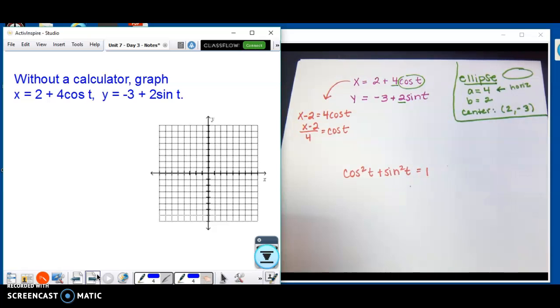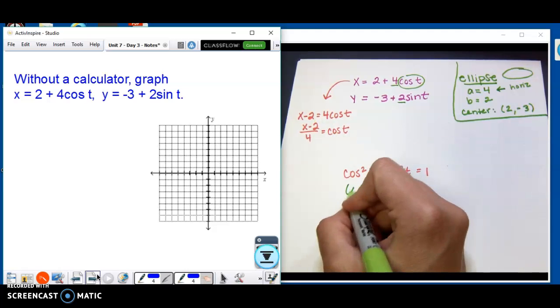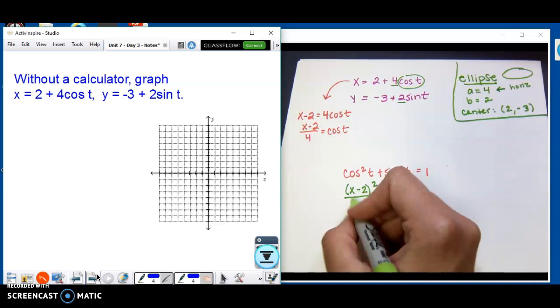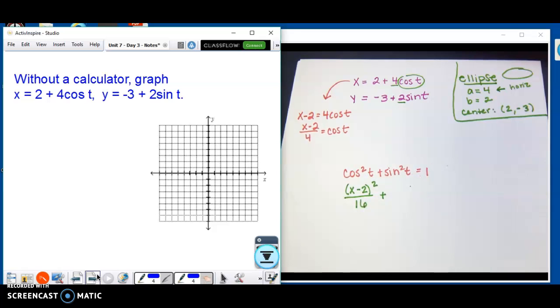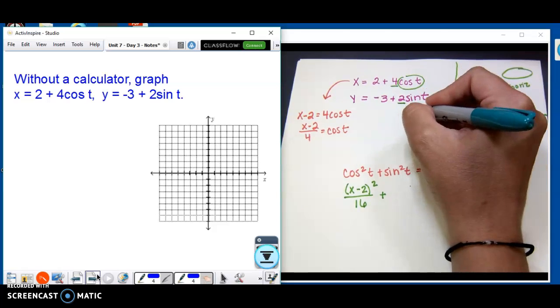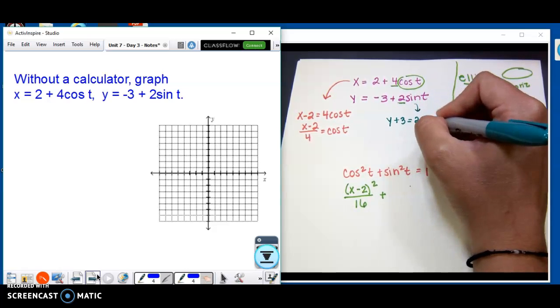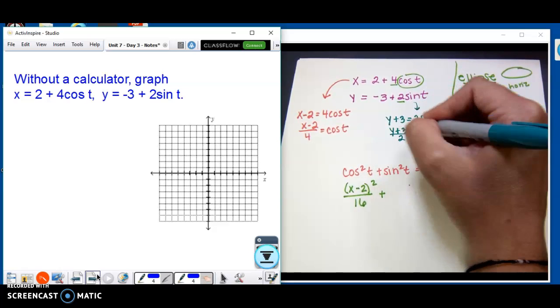Okay, so if I go ahead and plug this into my equation here, this is cosine squared, so I need to square each part. So it's going to be x minus 2 squared over 4 squared, which is 16, plus in the middle. Then I'm going to solve my other equation for sine. So I'm going to add over my 3. I'm going to divide by 2.